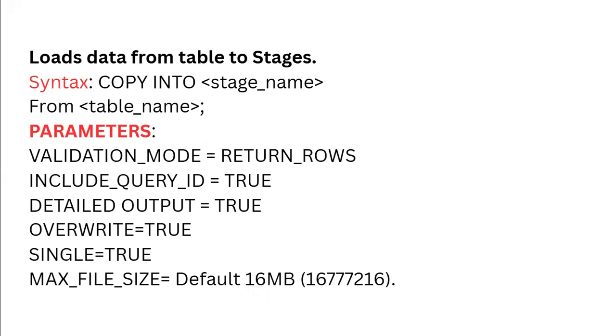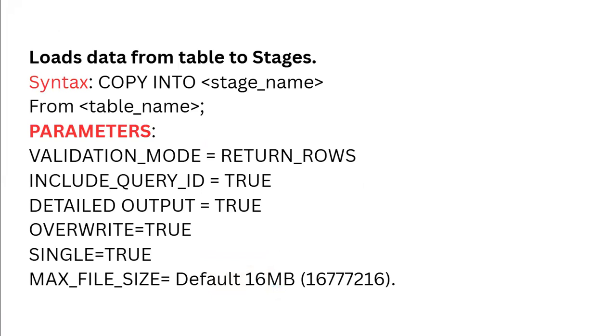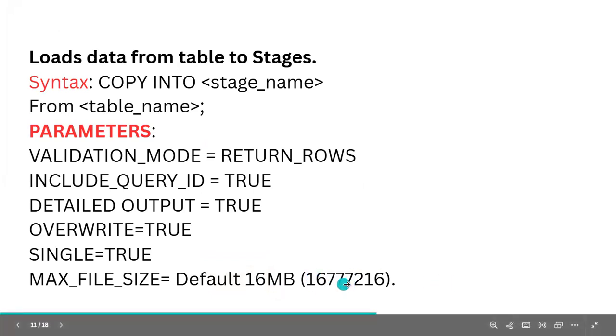If you want to increase the size, you need to put this value up to 2 GB or 1 GB. This will be in KB, so 16 MB equals this many KB, and you need to calculate. For example, 1 GB equals 1000 MB, so you multiply by 1000. That is the maximum file size you need to update.